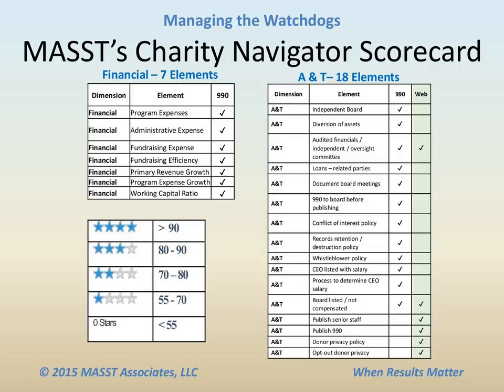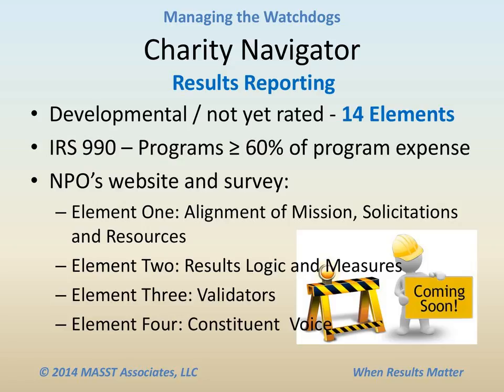And I'll just point out that it is possible to have a 4-star rating for one element and a 3-star rating in another element, and they could still balance out to just get you over that 90-point mark to earn 4 stars. So you don't have to have a perfect score in order to earn 4 stars. And if there are any questions about the particular elements and how they work, we can certainly talk about that when we get into the Q&A portion.